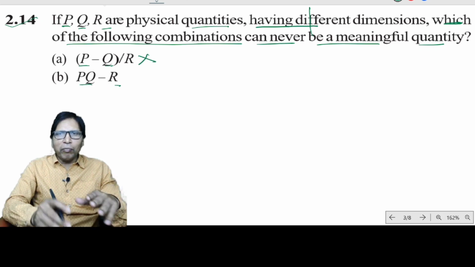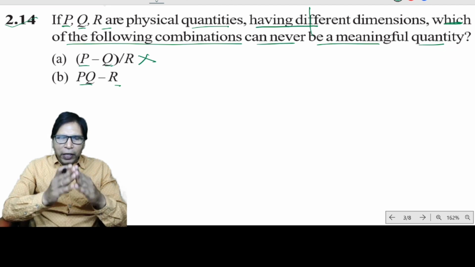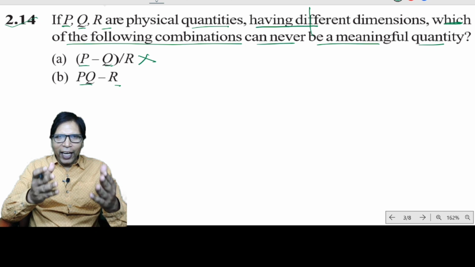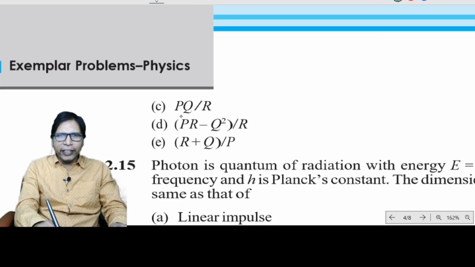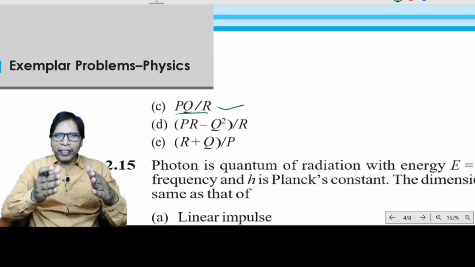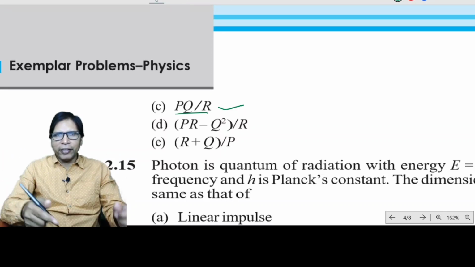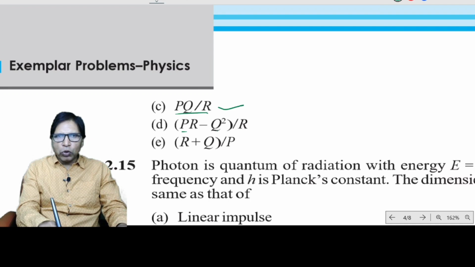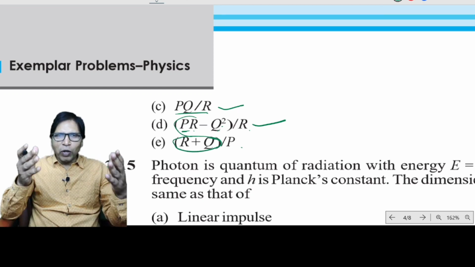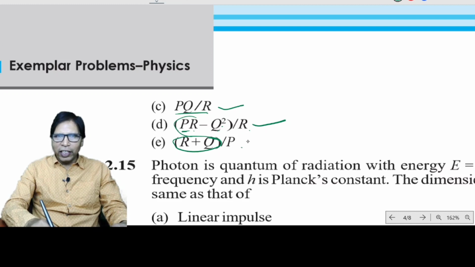PQ minus R may be valid if the product of PQ has same dimension as that of R. Now look at this C. PQ by R, yes, it is possible because two different dimensions can be multiplied or divided. Now look at this, PR minus Q square by R. Look at this, P into R has dimension as that of Q square, so it is possible. But look at this, R plus Q by P not possible because R and Q are different physical quantities, so it is not possible.